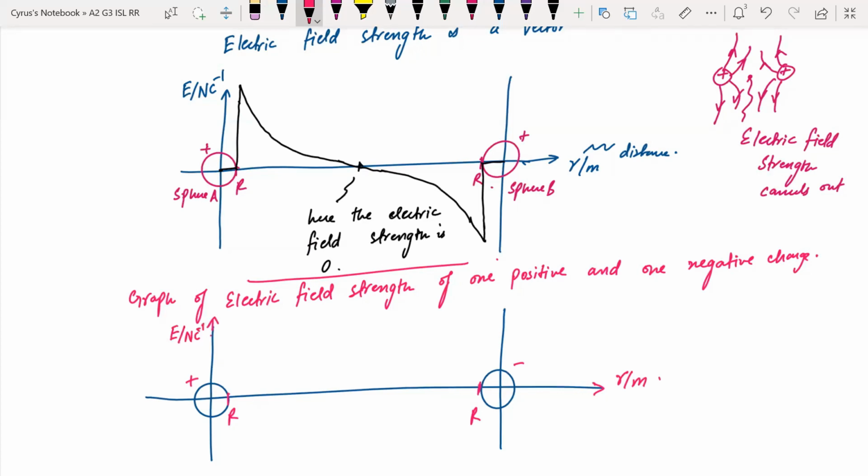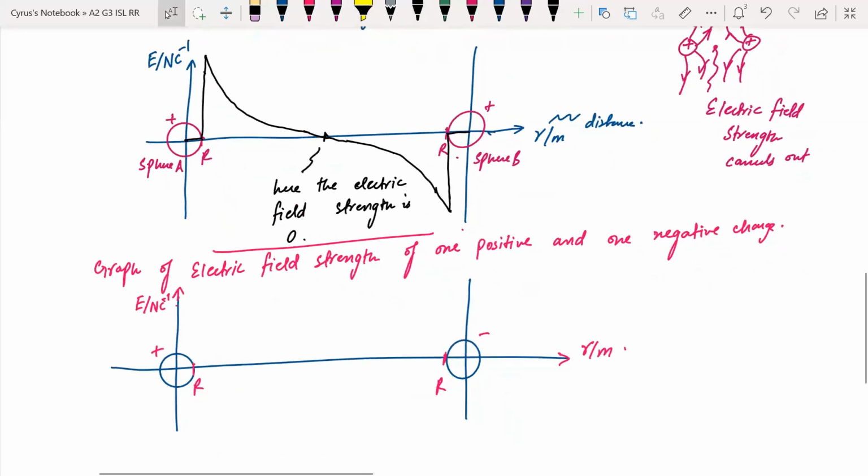So what's happening is that if you look closely, one charge is positive, the other charge is negative. So the electric field lines are going to go from here like this, right? You see that the electric field strength is not becoming zero anywhere, although it is decreasing as you move away, but it is not becoming zero. So we would have something like this.